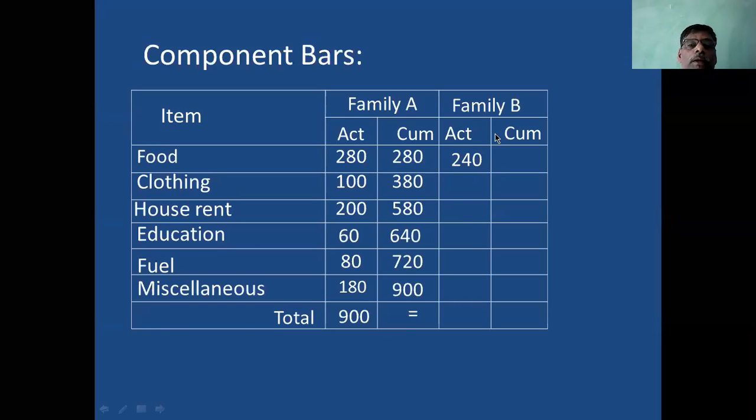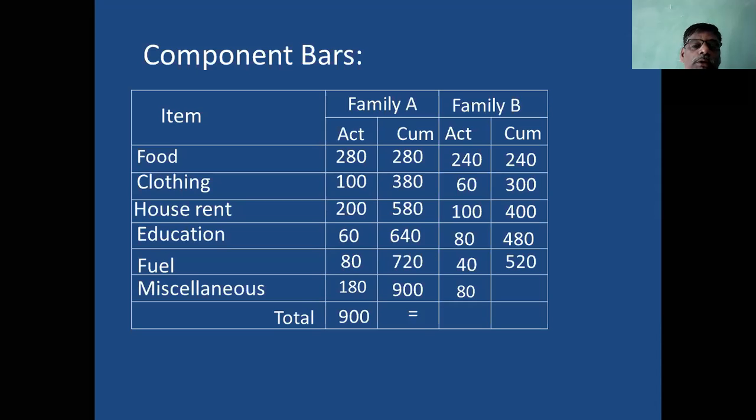Then in Family B, you take the actual values, then make cumulative: 240, 240 plus 60, 300, 300 plus 100, 400, 400 plus 80, 480, 480 plus 40, 520, 520 plus 80, 600. 600 is equal to 600.